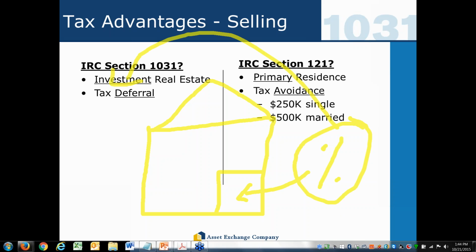I don't care what type of real estate it is or how many uses you have to it. For 1031 exchange purposes, I'm just going to be concerned with what the CPA says the percentage of the investment or business component is, and that is what is exchangeable.